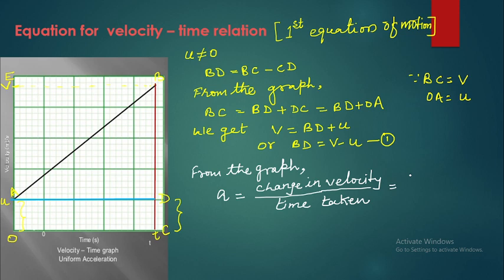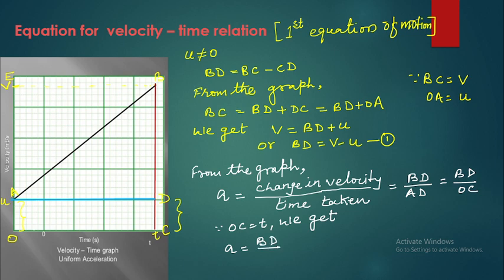This is equal to BD upon AD. AD is equal to OC. Substituting OC is equal to small t, we get small a is equal to BD upon small t.